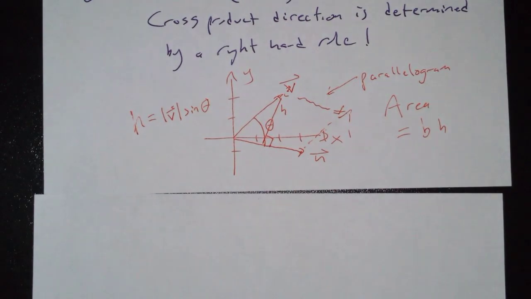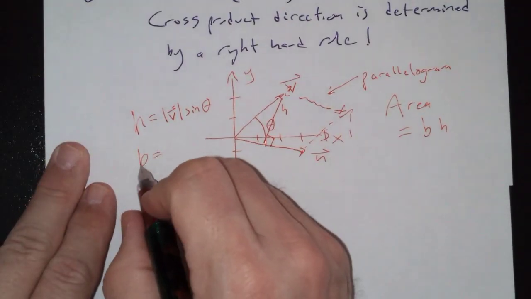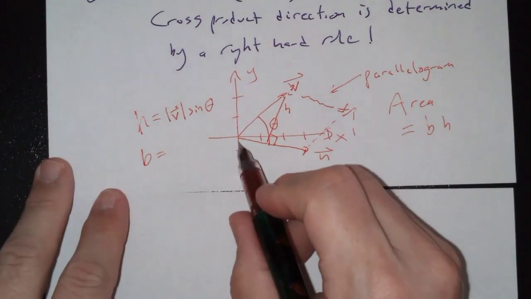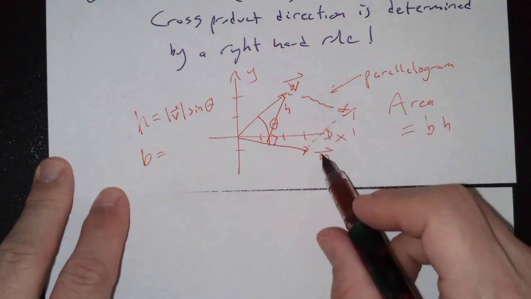What's the base in that particular thing, given the way I've drawn h? That would only give me this part. I want the whole thing, right? That would be the length of this other vector, wouldn't it?